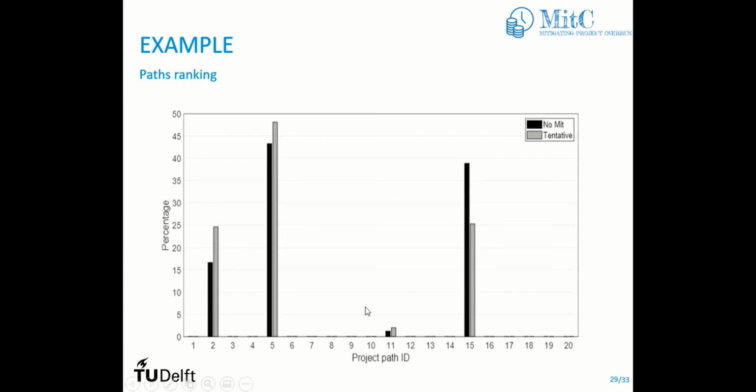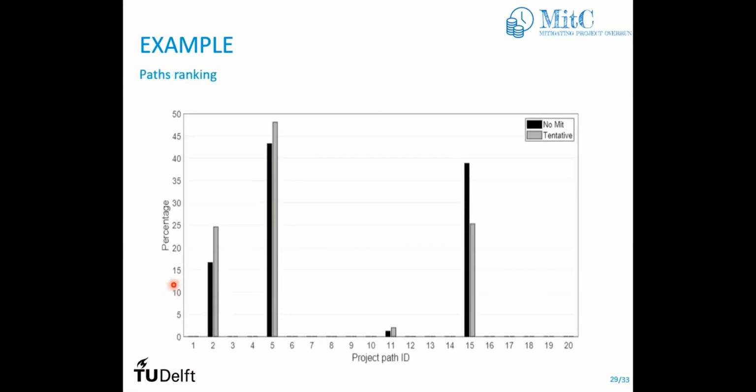Okay, so for example, just to show you here in our example, we can see path number 2 was critical in 20% of the time, path number 5 in 46% of the time. So it's not like one path that's always critical.